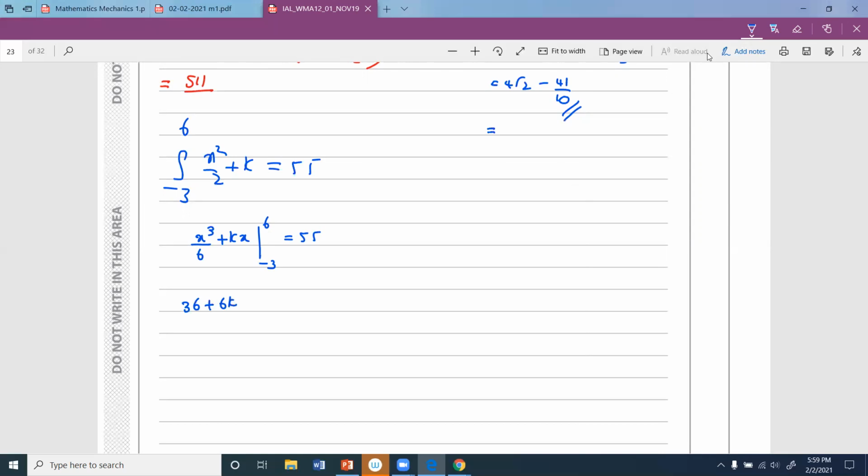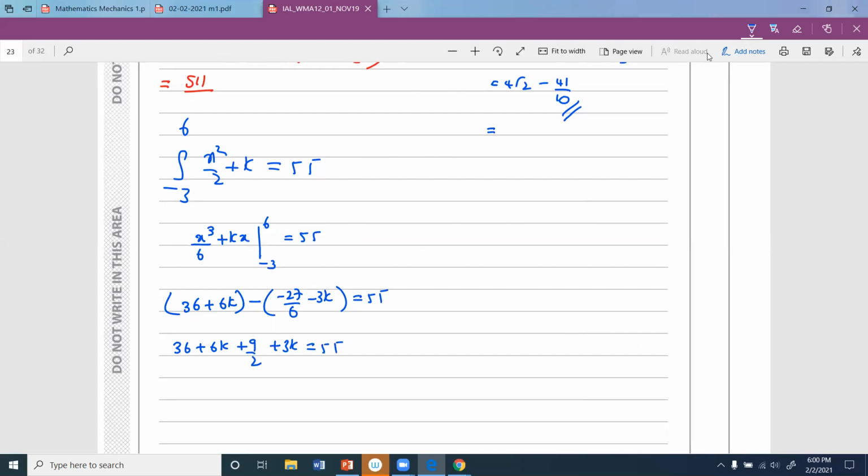If you put minus 3, minus 3 cube is minus 27 over 6, minus 3k equals 55. So if you simplify this, 36 plus 6k plus 27 over 6 is 9 over 2, plus 3k equals 55.